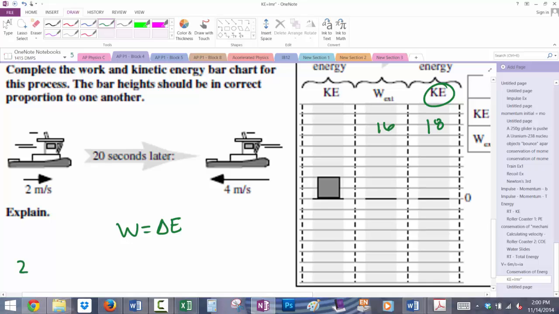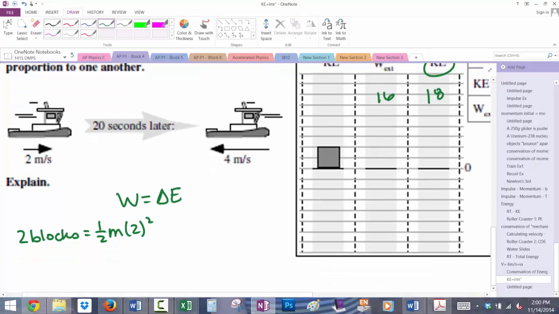The energy before is 2 blocks, which equals 1/2 m times 2 squared, right? The energy after is 1/2 m times 4 squared. So it should be how many blocks? It should be 8 blocks.